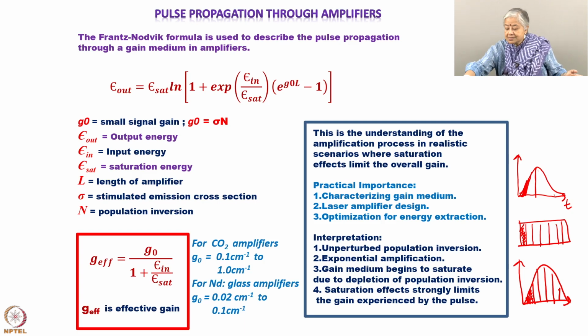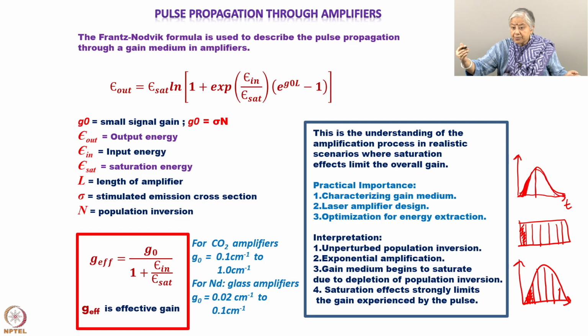But the real case is, you introduce this G effective into your code or into your formula, so that it works in a loop, and then you get the final output pulse and output energy. And what it does is, it also changes the shape of this pulse.